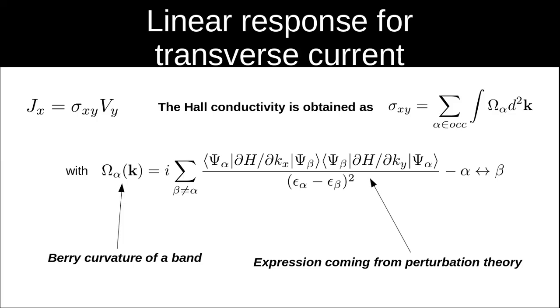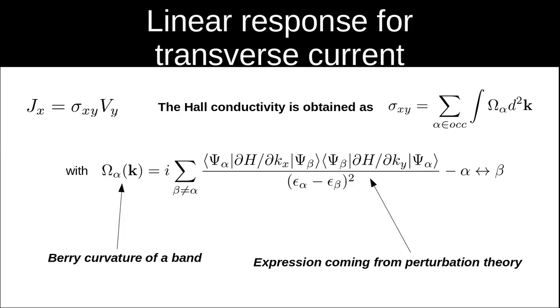And we have the derivative of h with respect to kx, that is essentially the velocity, in other words, the current. So you obtain this formula directly by plugging the perturbation theory definition for the wave functions into the definition of the Hall conductivity that we saw in the previous slide.